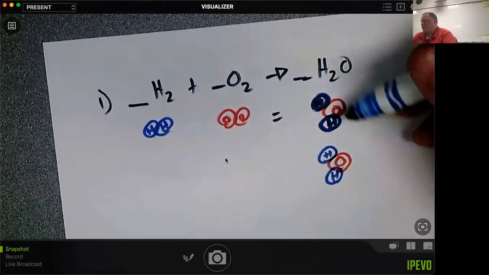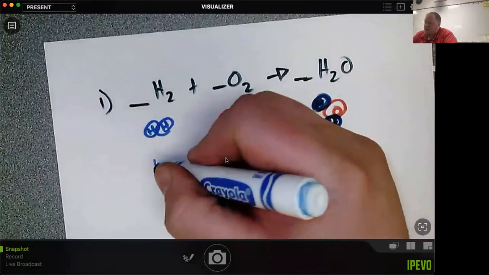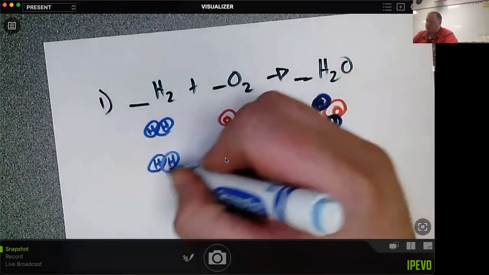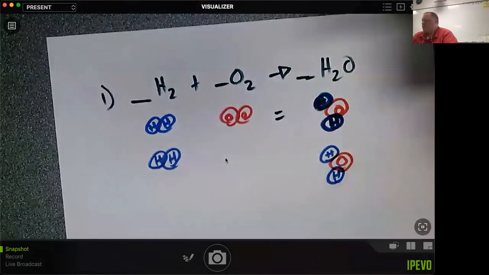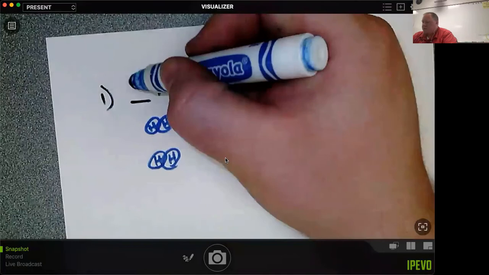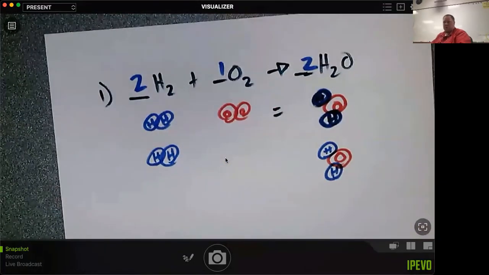So now I've got 4 hydrogen on this side, so I need 4 hydrogen on this side. I got 2 right now, so I'm going to add another of the H2s, and that gets me 4. So the answer would be 2 of these, 1 of these. We're going to make 2 of these. Okay. So that's number 1.